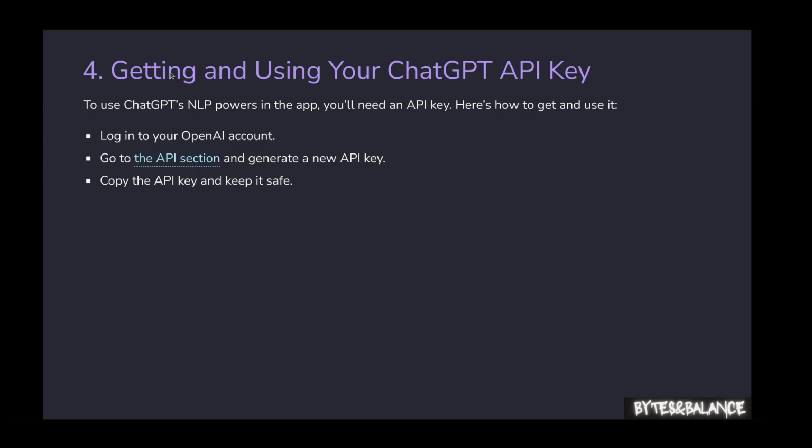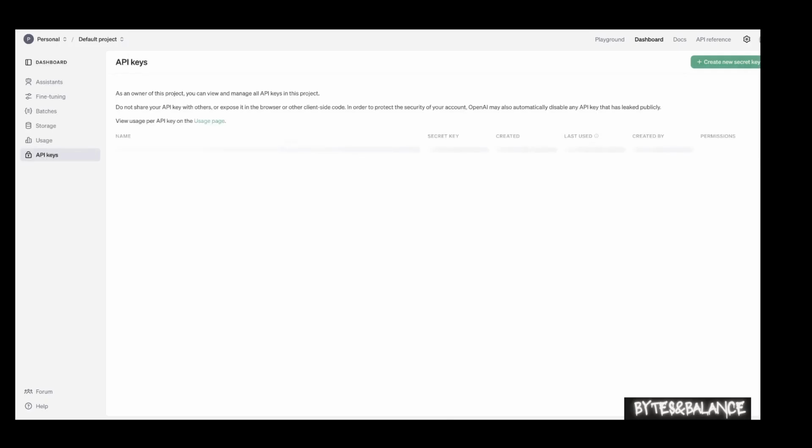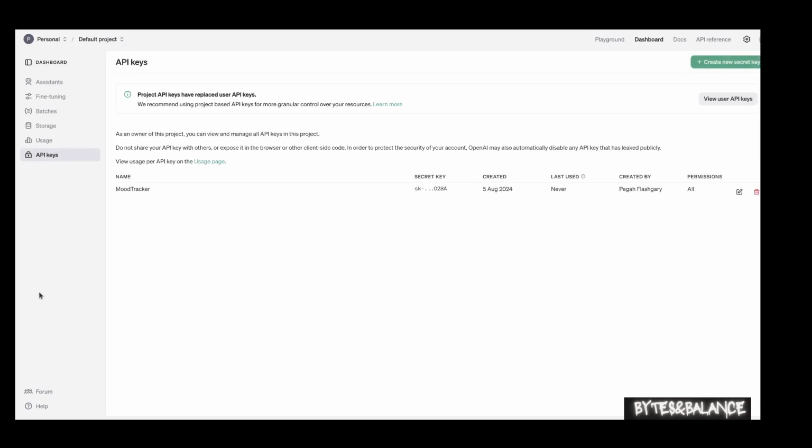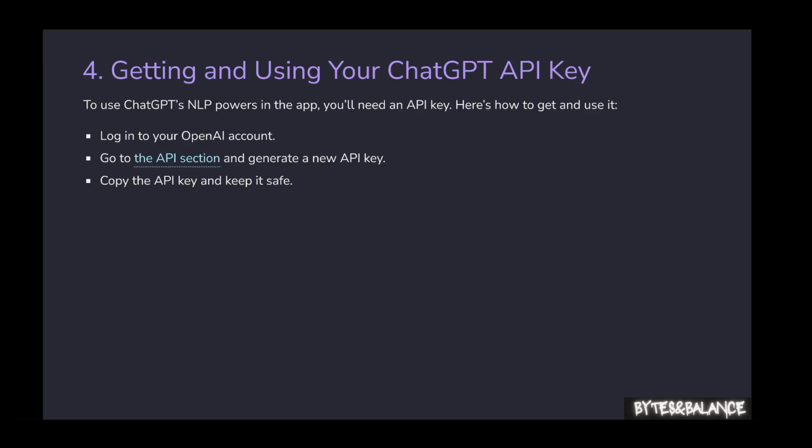You have already opened an account, and go to the API section. If you look up OpenAI API keys, you go to this section, and then you can create a new secret key. After creating the new secret key, please securely copy and store the API key so you can use it in your application.